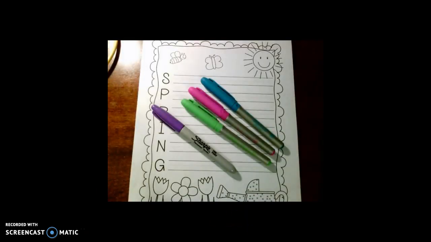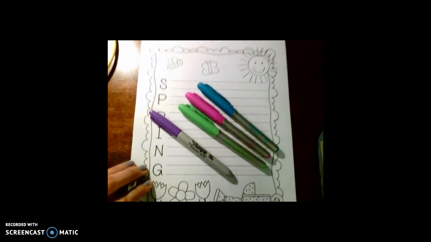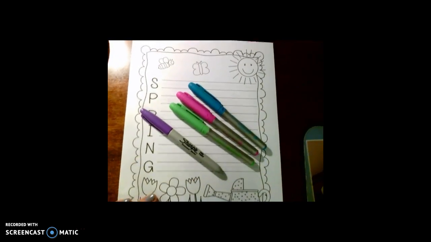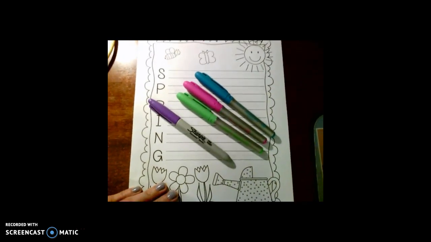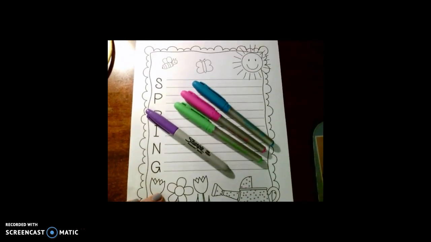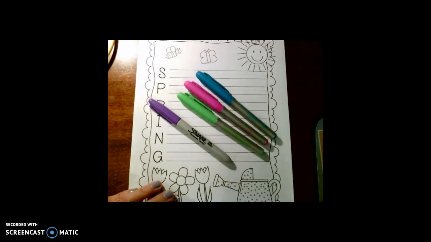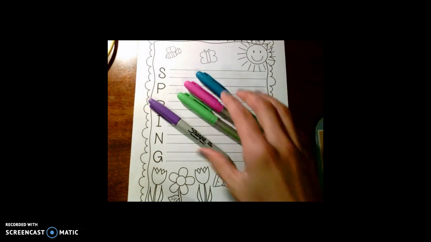So I'm turning on my webcam. Here we go. And I thought, since we're writing about spring, I'd use some fun, colorful spring colors in my writing today. You might want to write with a pencil first, students, and do kind of a rough draft. I already did that and did some thinking about what I'm going to write about so that I'd be ready for this recording.